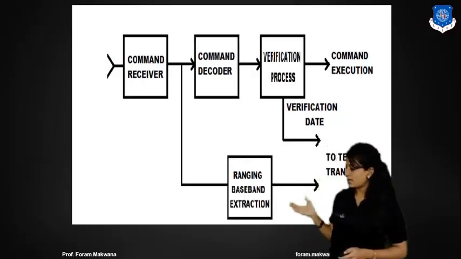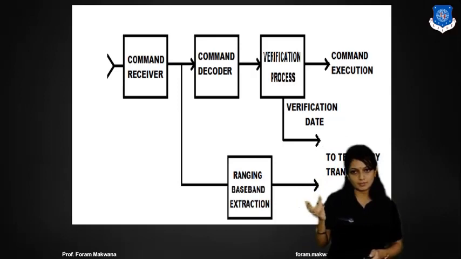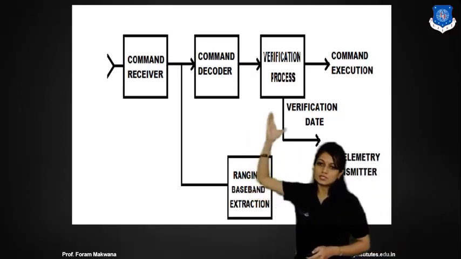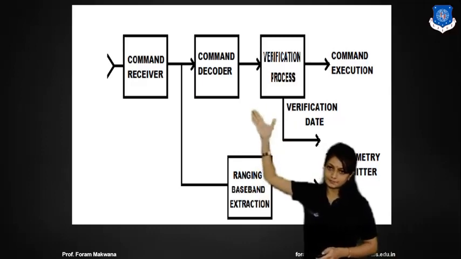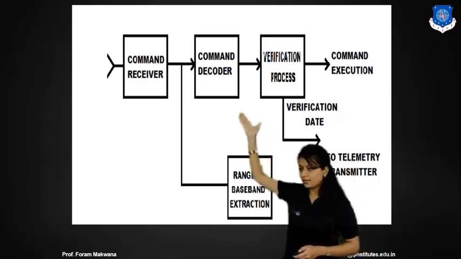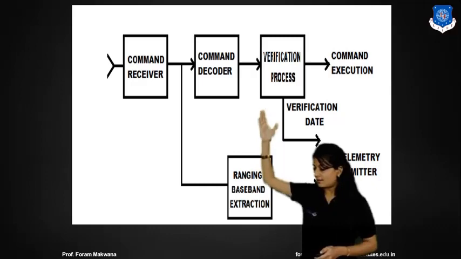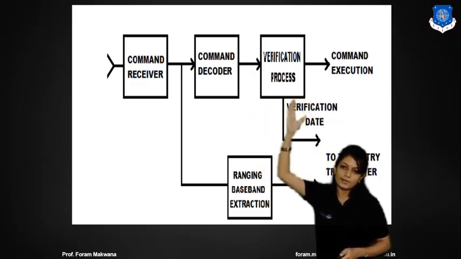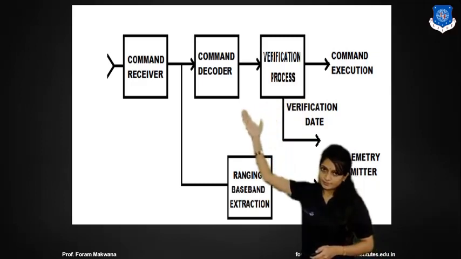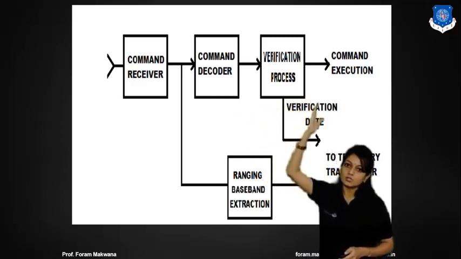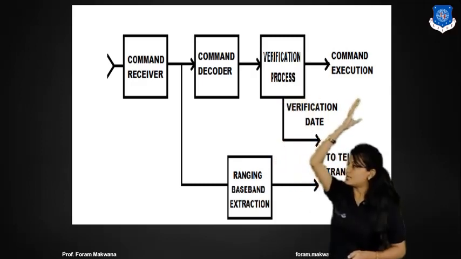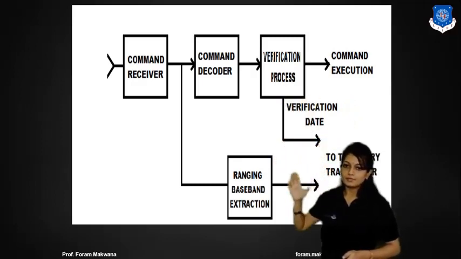So this is the block diagram of the command subsystem. The command is received from the earth station, which is located on the ground, by the receiving antenna, and applied to the command receiver. That signal is decoded by the command decoder, verified, and the command is executed. Right?